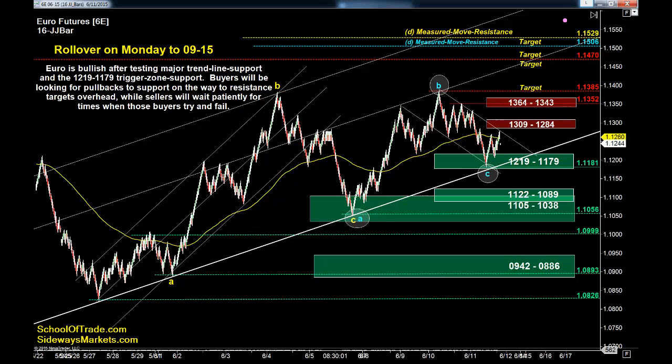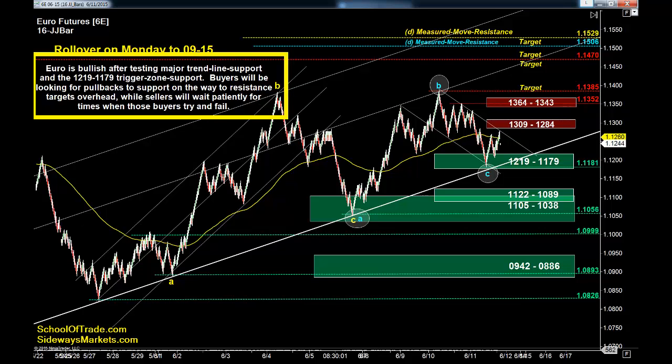Now, sellers, if you're a bear right now, what's to do? Well, buyers are looking for pullback trades as we push higher, while the sellers are going to wait patiently for those times where the buyers look to trade long and where they fail. Remember, guys, the easiest way to trade opposite to the long-term trend, because I'm sure there are some folks on here right now that say, no, Joe, I know what's going on.